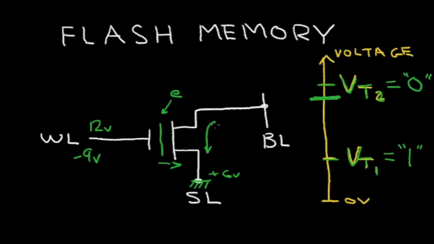In that situation, if the threshold is at VT2, or a 0 is programmed, the transistor is like it's not there. It doesn't conduct any current. But if VT1 exists in the transistor, and I don't have charge on the gate, then when I raise the word line up, I get current flow and I discharge the bit line.